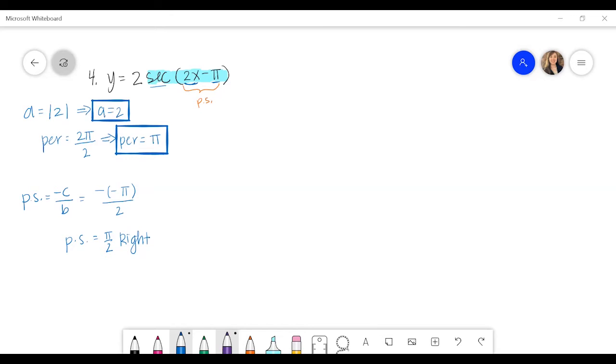Another way we did this when we were dealing with cosine is we just set it equal to that first x value, right? So we box this so we've got it. Or you can just say 2x minus pi equal to 0 because that's the first of our key points. And in fact, let me bring that chart in while we're talking about it.